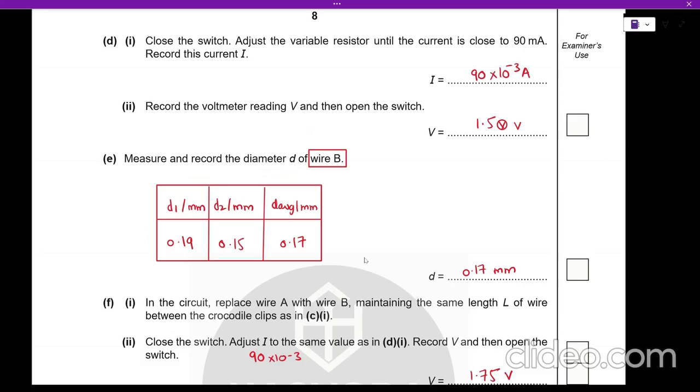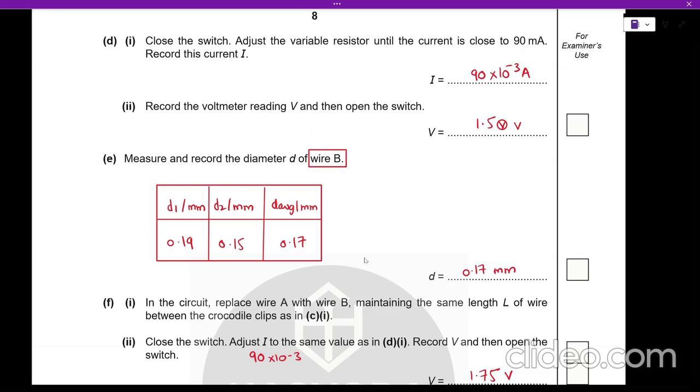Also, I want to point out one thing: in some voltmeters, the value is given to two decimal places, but in some it is given to three decimal places. For example, I'm assuming it gives two decimal places, but there are accurate voltmeters that give you three decimal places, like a value of 1.607, but it could also be an error if the one with two decimal places is given to you.